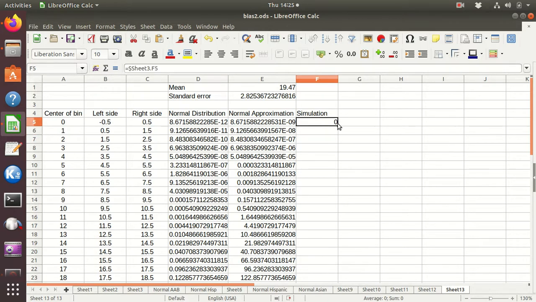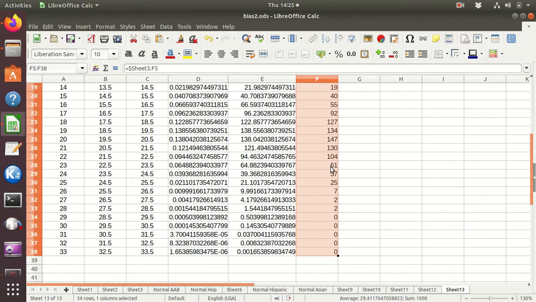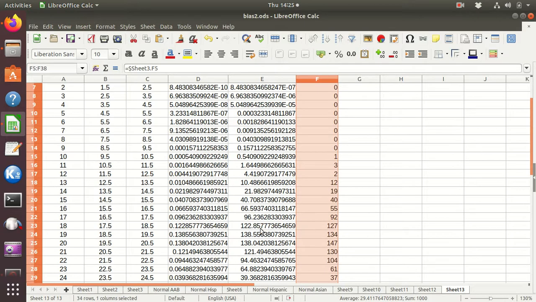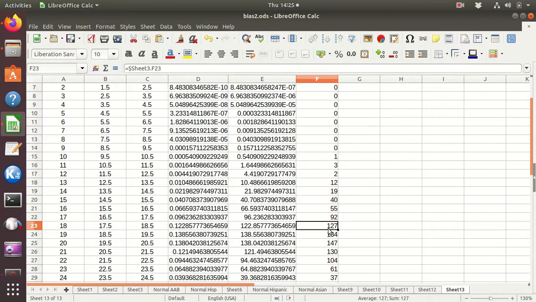And then if I just again drag down or double click, there it gives me all of those, and I can compare. So for instance, my simulation had 127. The normal approximation is about 123. 134 here. That one is about 139. 138 and 147. So this was definitely much higher there.